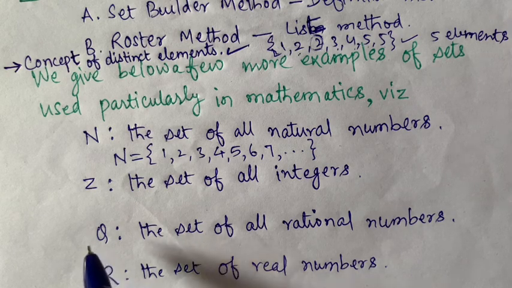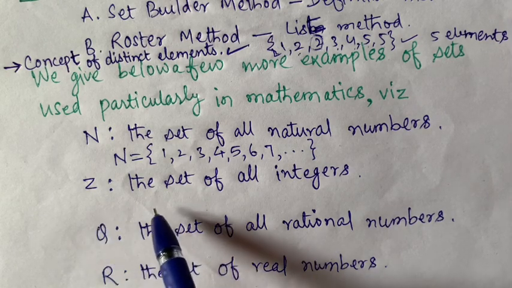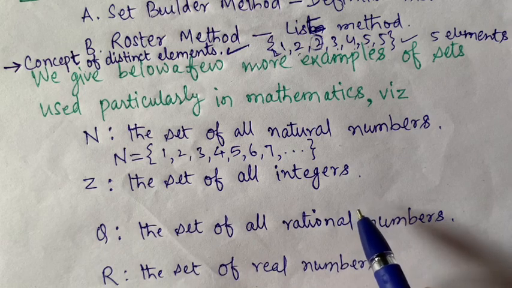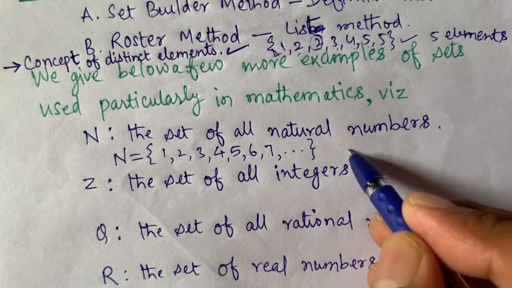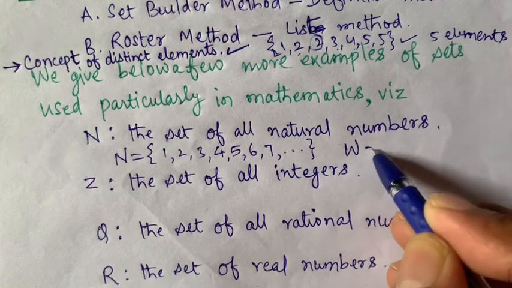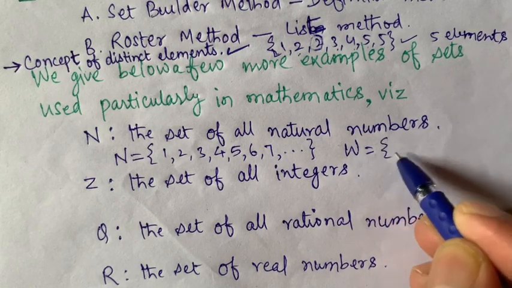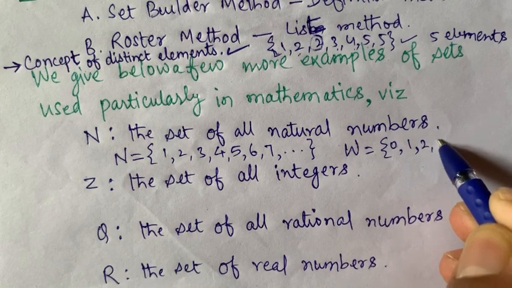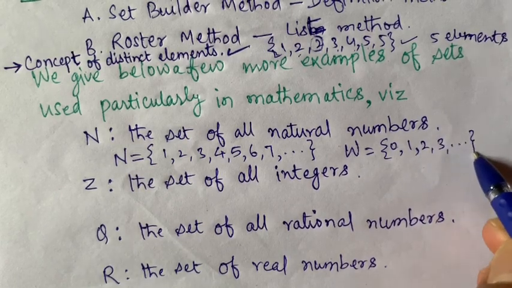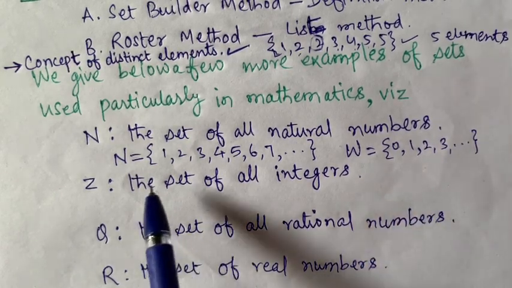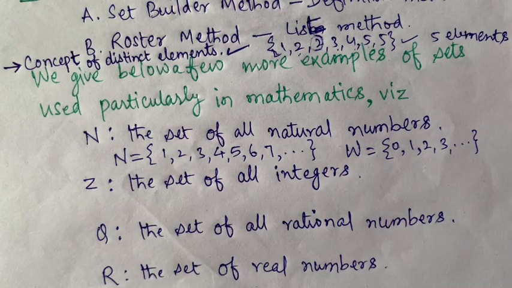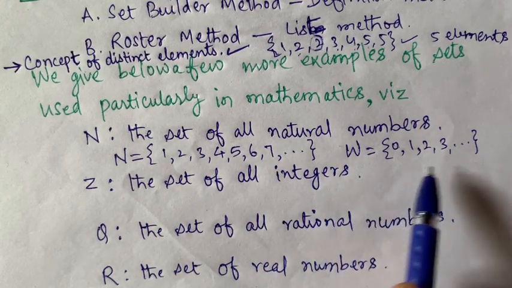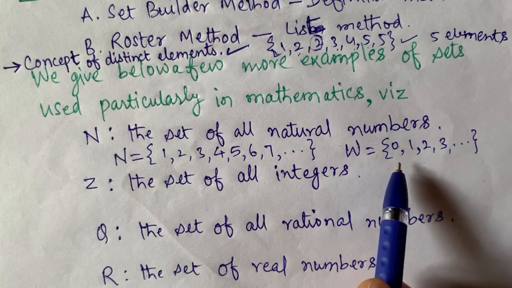Now next comes the group of integers, and before that we had the group of whole numbers represented by W, which includes 0 and the set of natural numbers. That means all the elements in the natural numbers will also be there, and one more element, 0, will be there.